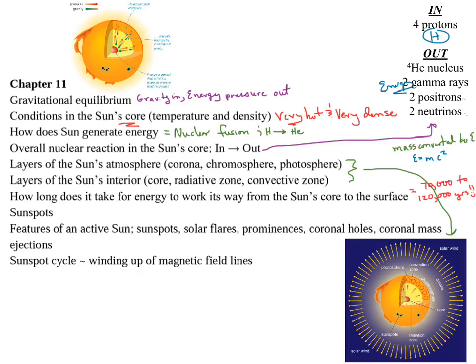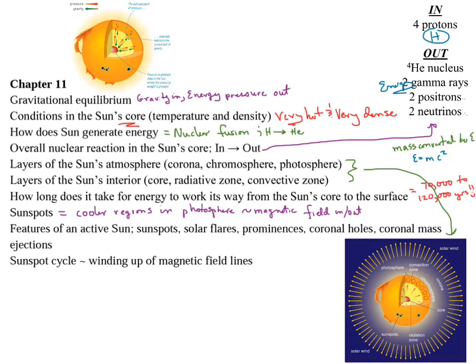Then there are the layers of the sun's atmosphere and the layers of the sun's interior. You're going to want to know those layers, and I brought in a figure from your textbook. How long does it take for the energy that's created in the sun's core to work its way out, especially in the radiative zone?